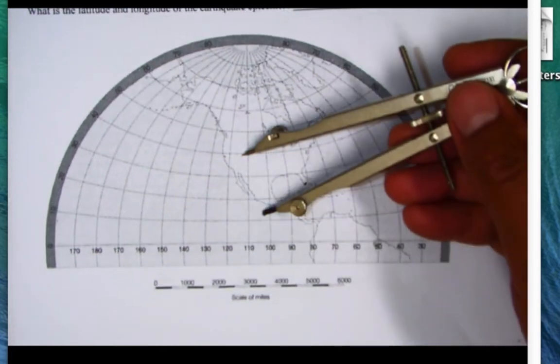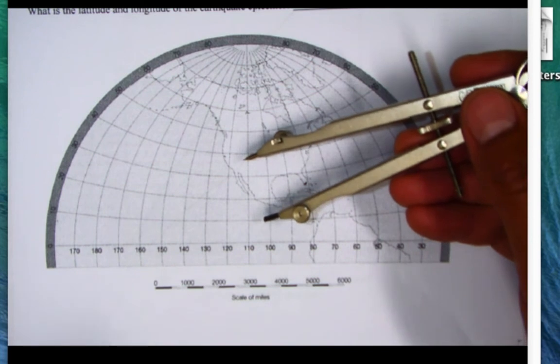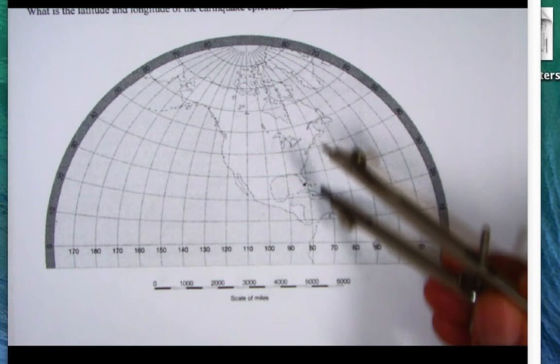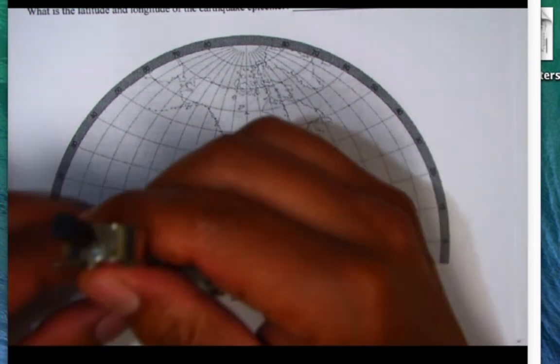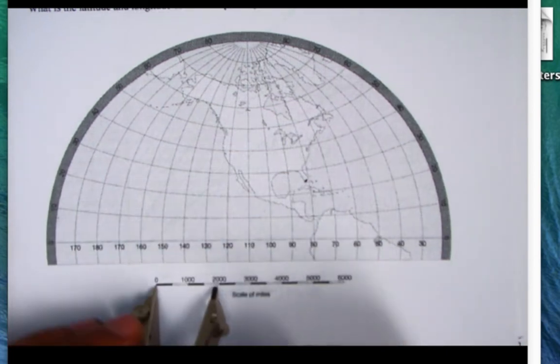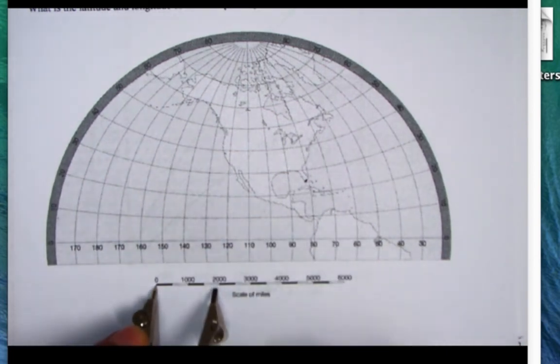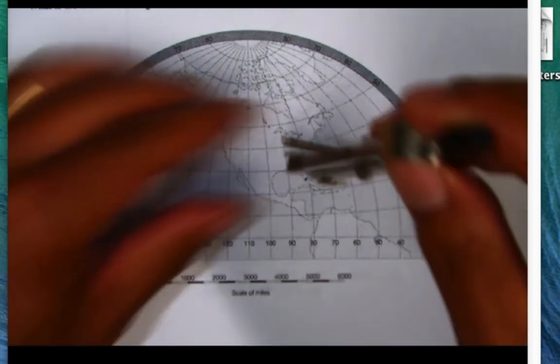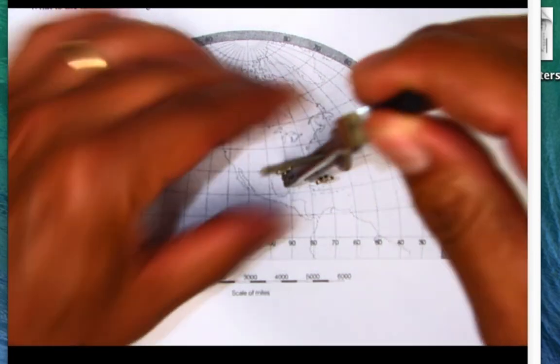You need one of these compasses to make a circle with a radius of 500 miles, because you know that somewhere 500 miles away from this point is the epicenter. So what I'll do, I set this on my scale here, and I'll calibrate this compass down to 500 miles. So there's 500 miles right there. So now I've got the 500, and then I just make a circle of radius 500 miles.